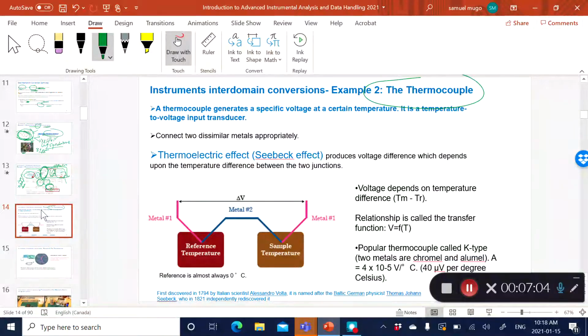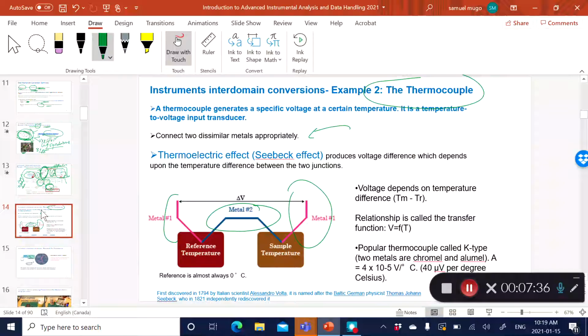And a thermocouple, I think, is the simplest of the detectors out there. It's a thermodetector. Remember, it is based on this very old premise that if you join two dissimilar matters, two different matters, you connect them or solder them together, essentially you get a potential difference because of the differential conductivity between metal 1 and metal 2.